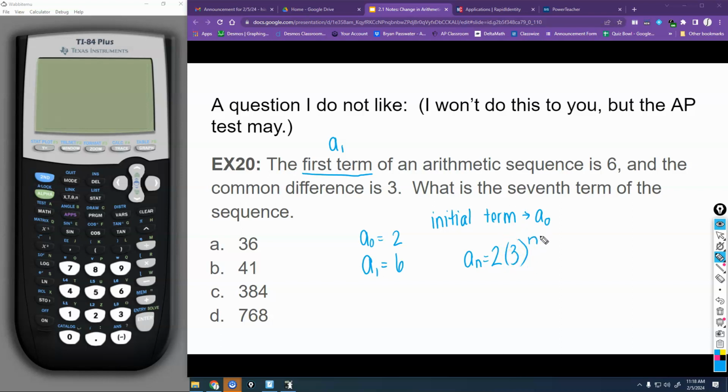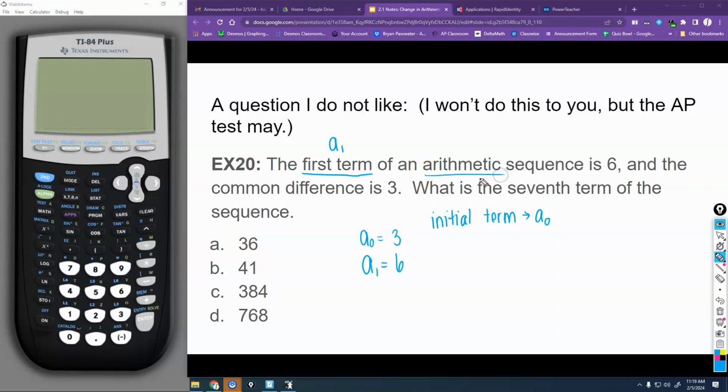So if it asks me for the 7th term of the sequence, oh, good gracious, no. What am I doing wrong? It's arithmetic. It is not geometric. Oh, okay. Back up. What's my a sub 0? It's 3 because I'm subtracting 3, not dividing, because I read it incorrectly.